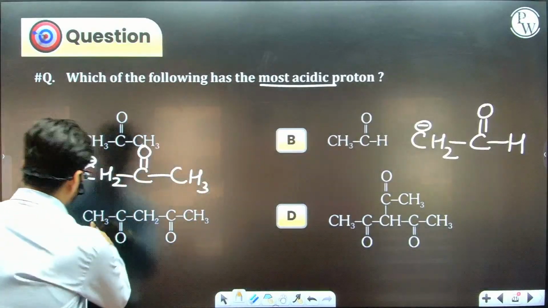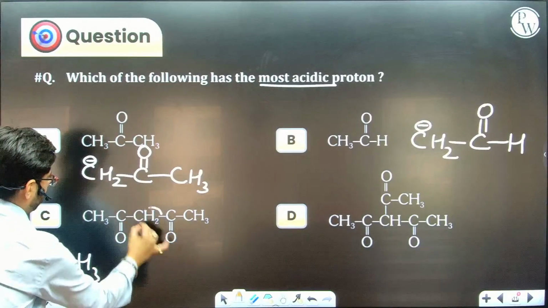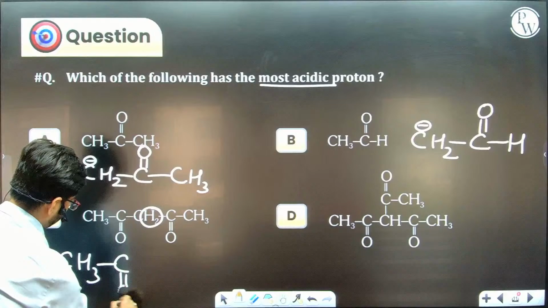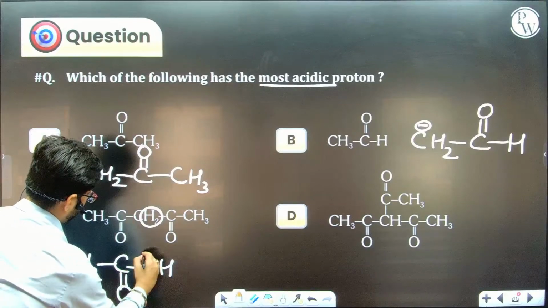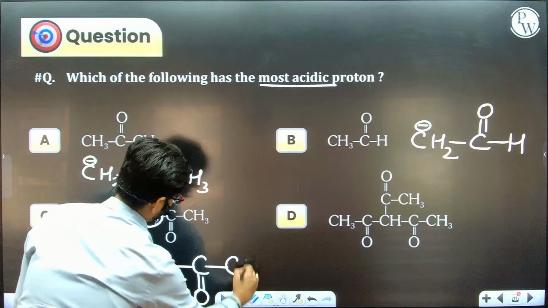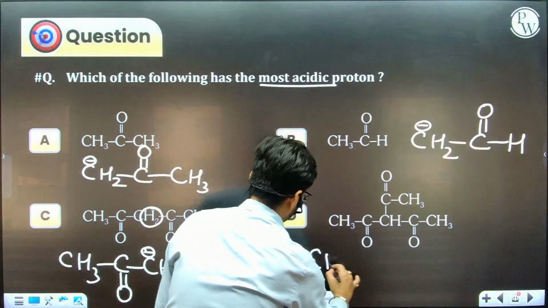In option C I will get this species if I take out this hydrogen atom, that is one hydrogen from this carbon. And here I will get this.